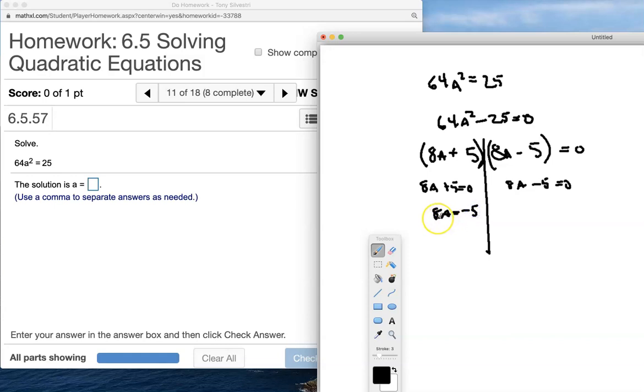Now, a is being multiplied by 8, so divide by 8. I get a equals negative 5 eighths. The other one is just like it, only this time you add 5 and then divide by 8, and you're going to have a equals positive 5 eighths.